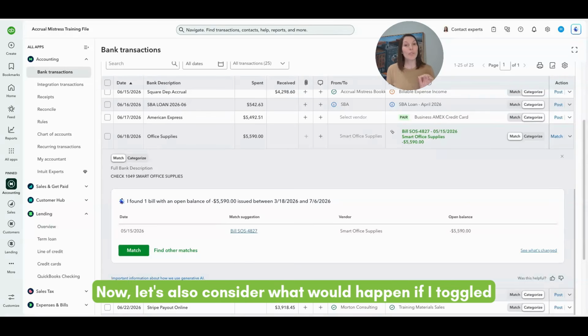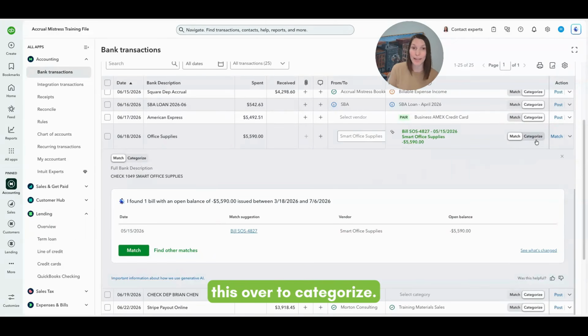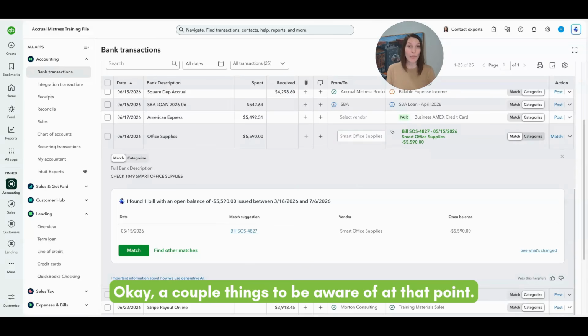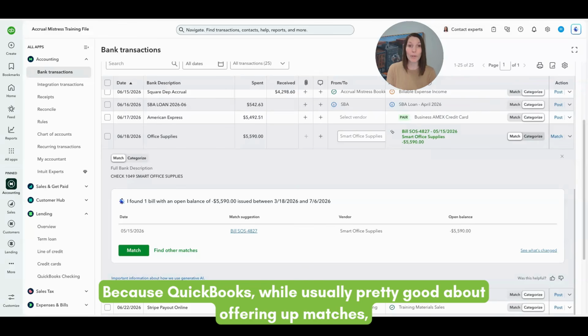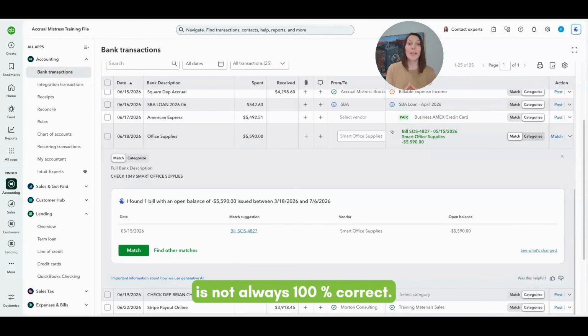Now, let's also consider what would happen if I toggled this over to categorize, okay? A couple things to be aware of at that point. If I am changing the offer that QuickBooks has, and don't get me wrong, trust but verify is my constant mantra, because QuickBooks, while usually pretty good about offering up matches, is not always 100% correct.